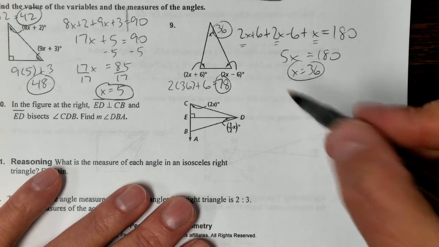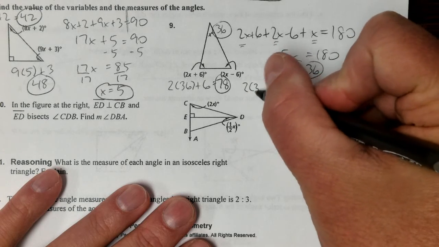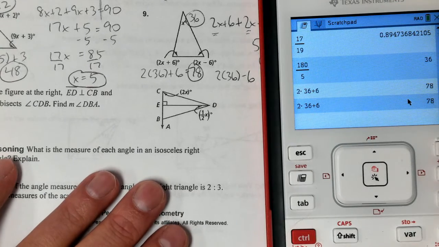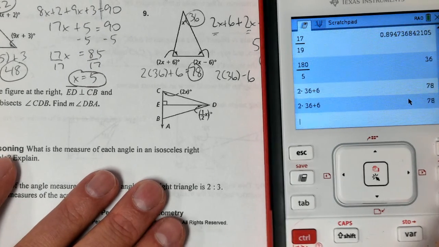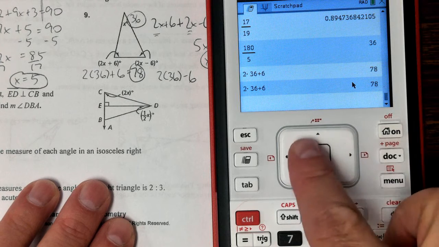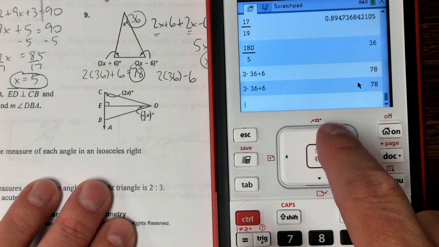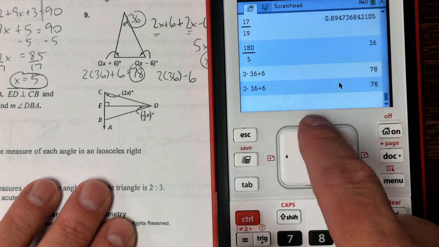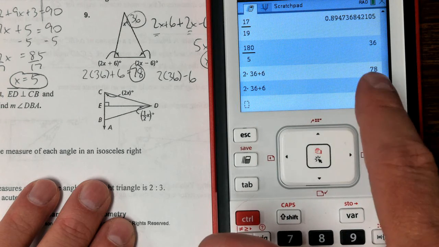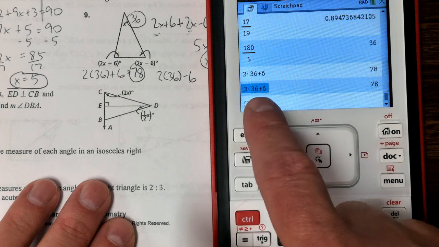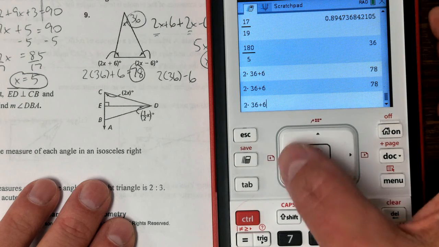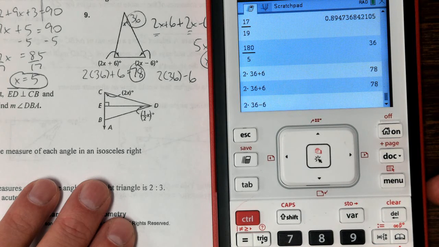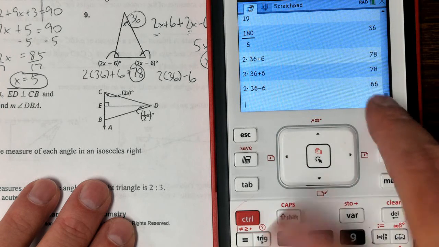And then 2 times 36 minus 6. What I wanted to remind y'all of is on the calculator, if you use this up arrow part, it remembers your command history. So I don't need the 78. I do want this, but then I'm just going to change it to a minus. So delete and then put a minus. It's a little shortcut.